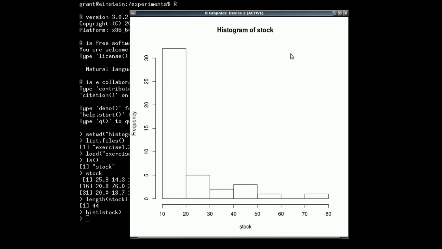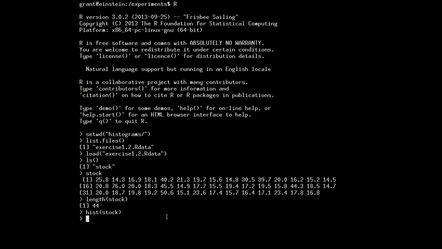But if we want a little bit more concrete information about our histogram, then we can actually make our histogram a variable on its own. If we say stock.hist, and let's say that is the histogram hist for stock, then it will save that histogram data in a variable on its own. So that's actually a data structure. Inside that data structure, we've got different entries.